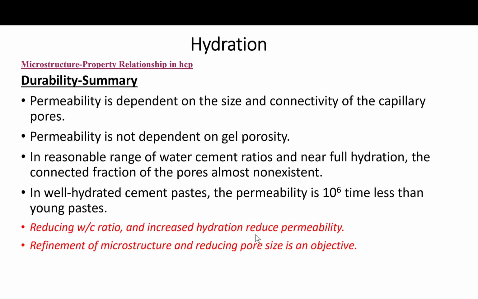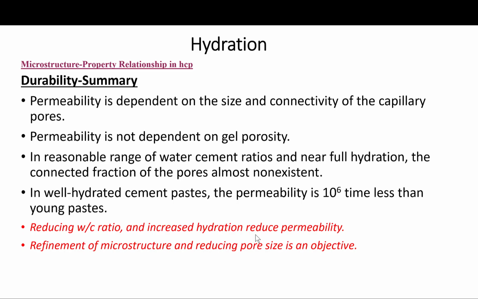Okay, so let's summarize. Permeability is dependent on the size and connectivity of the capillary pores. Permeability is not dependent on gel porosity. In a reasonable range of water cement ratios and near full hydration, the connected fraction of the pores is almost non-existent.